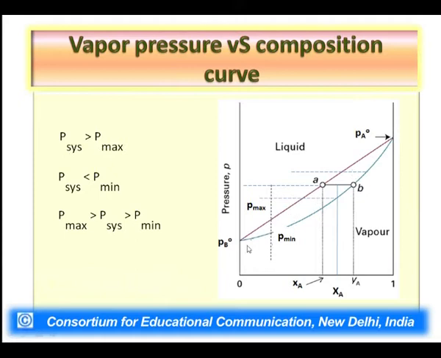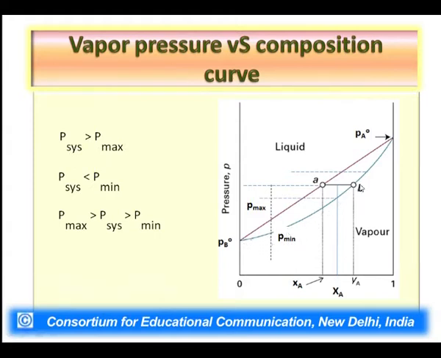This linear curve, this purple curve which I am talking about, is the total vapor pressure versus composition curve, where the composition is in the liquid phase. And this blue curve, which is non-linear and parabolic in nature, is again the total vapor pressure versus composition curve, but the composition this time is of the vapor phase.